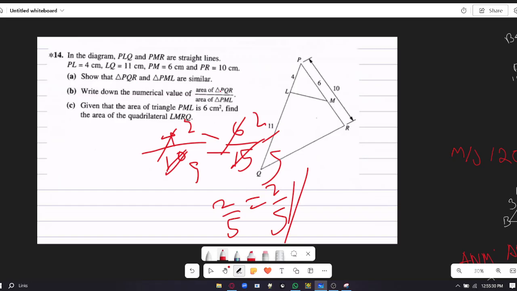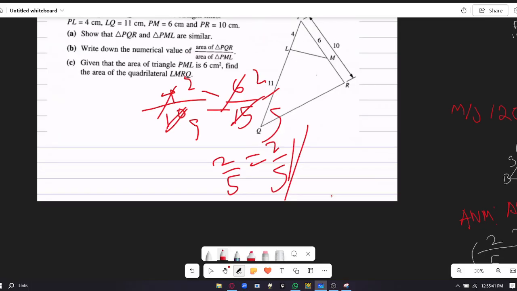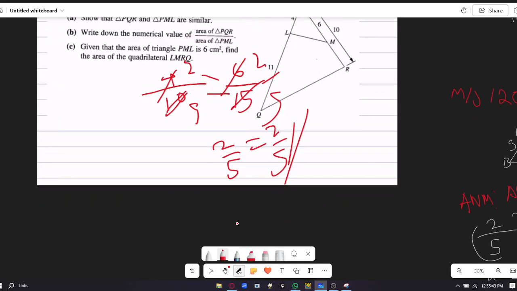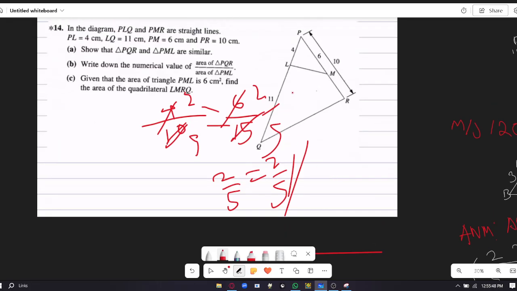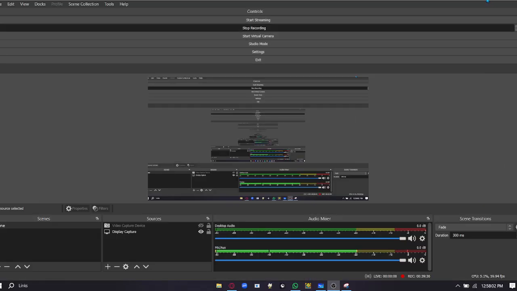To find the numerical value of the area of PQR and PML. Since we proved they are similar, we take any side ratios squared, right? So area of PQR, it's something whole square, yeah.